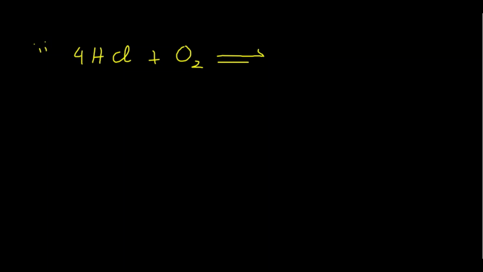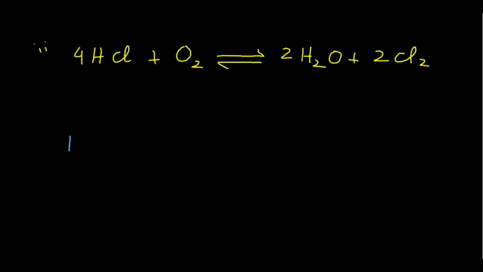Right students? And we get 2 moles of water as well as 2 moles of chlorine. We are asked to write equilibrium constant expression, that is the value of Kc.